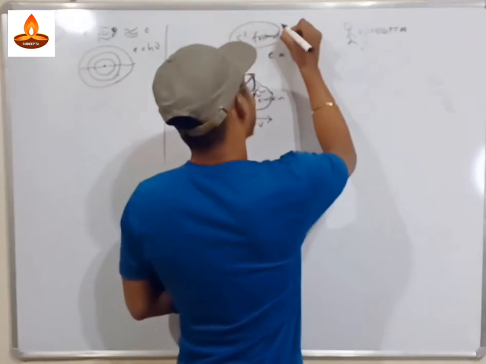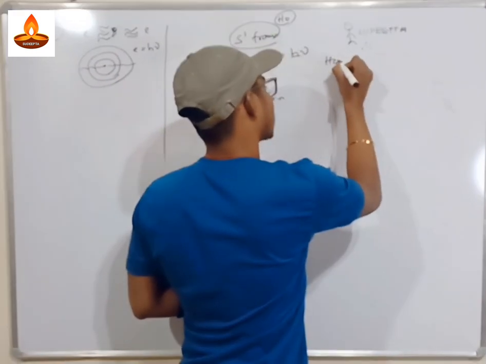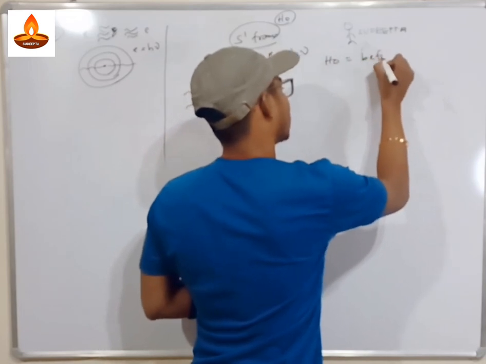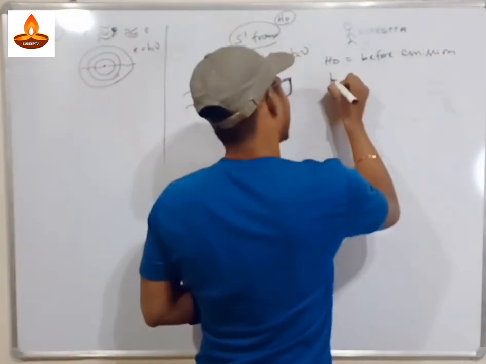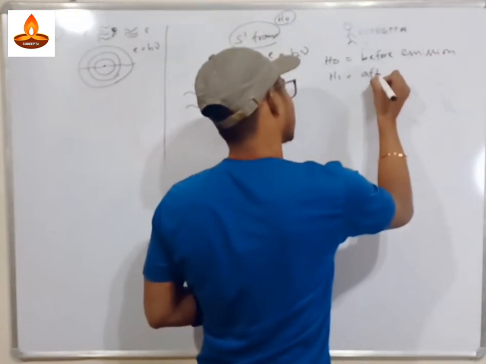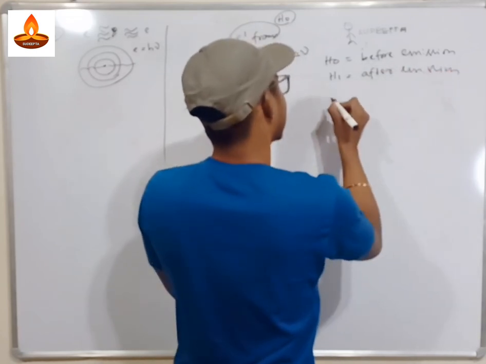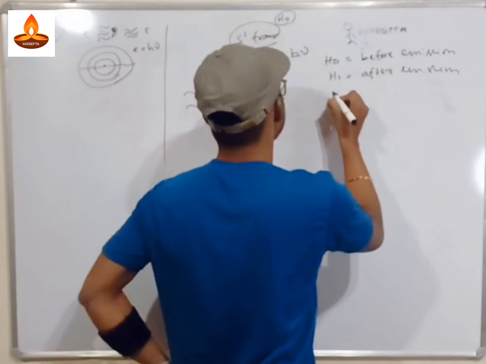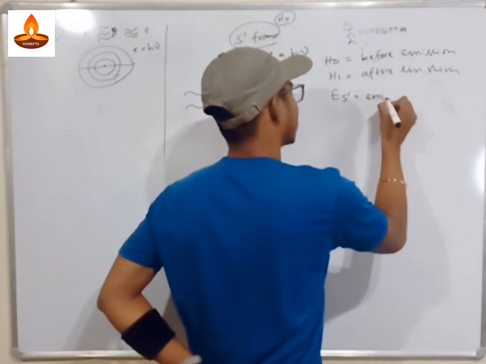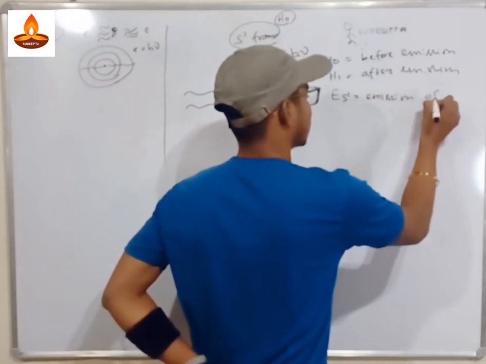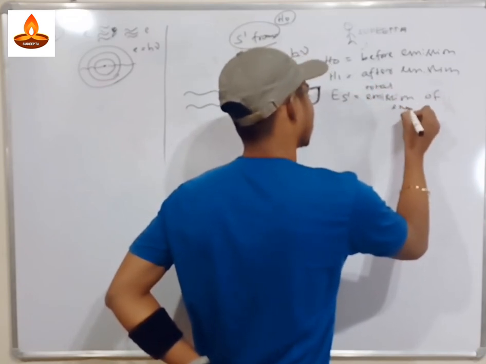Let's say in the S dash frame, it has some energy before emission, that is H naught. H naught is the before emission energy. And H1 is after emission. The total energy emission in the S dash frame, let's say this is E S dash, emission of energy.